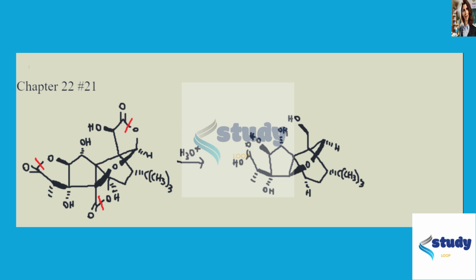The other two esters are going to follow the exact same pattern. Over here, where we had an ester in the starting material, we will have a carboxylic acid, and we will have an alcohol.